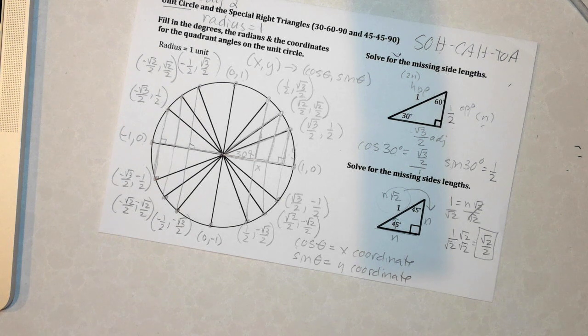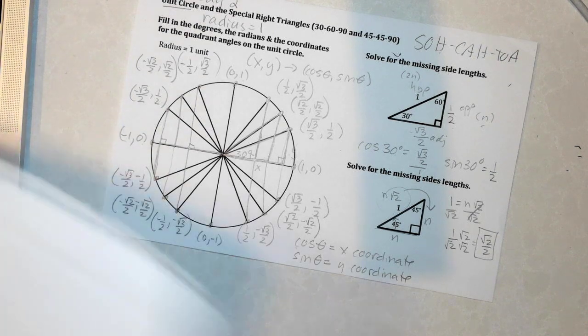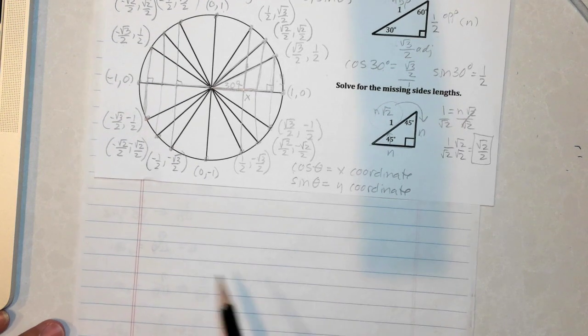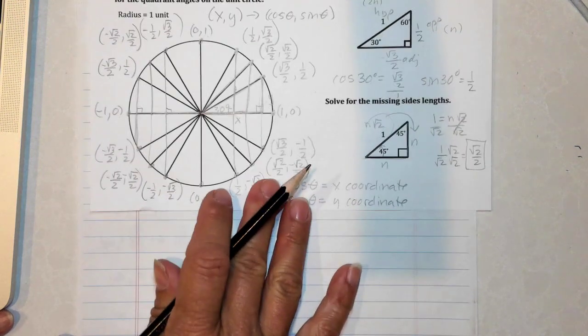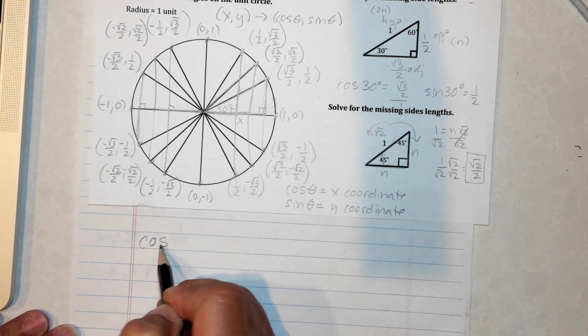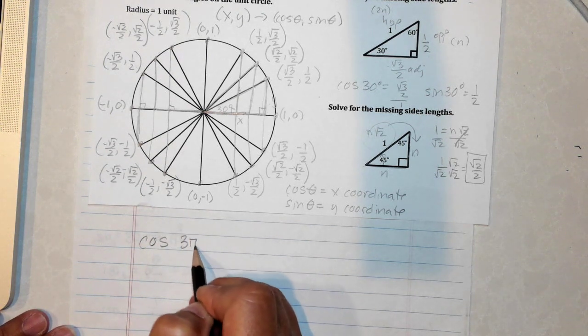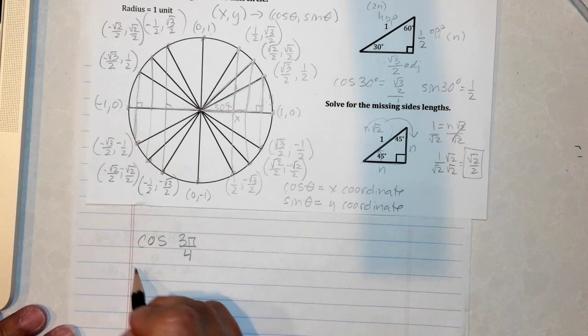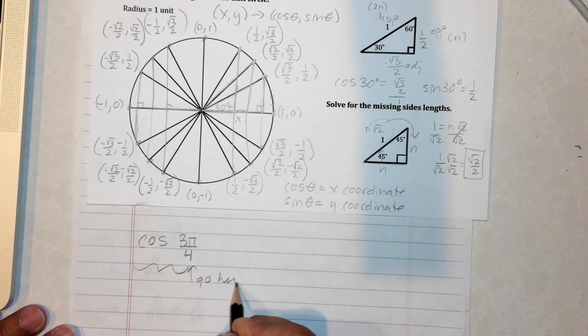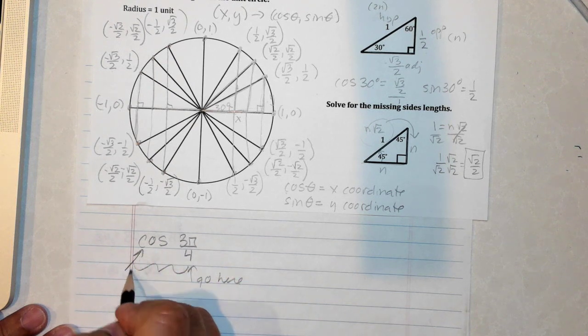So when it's all said and done, I have this whole unit circle filled in, but why? What's the point? Well, the point is going to be to find trig values relatively quickly. So if they say cosine 3 pi fourths, this is asking you to go here and then find this.